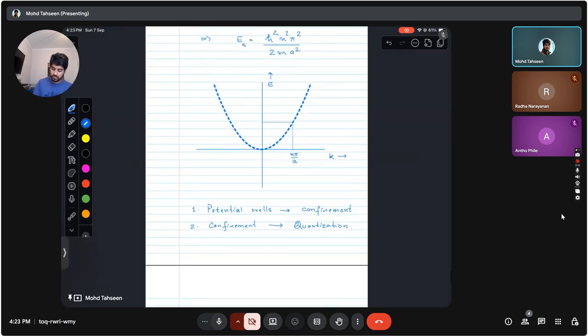So the first point, that potential wells lead to confinement, it was necessary to include somehow the description of different packing in different directions of a solid. So this is going to tell us about the asymmetry or the anisotropy of the solid. And the second point is an unavoidable consequence, that the energy gets quantized whenever we confine a particle.